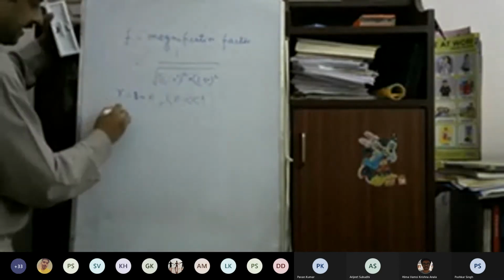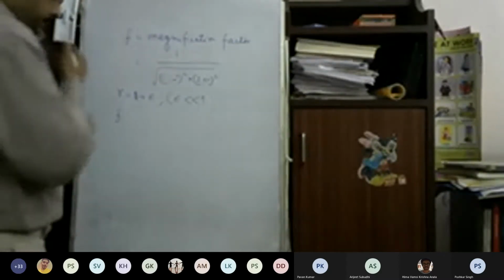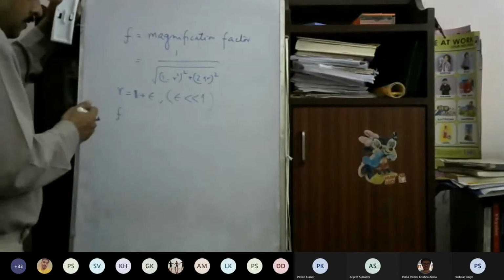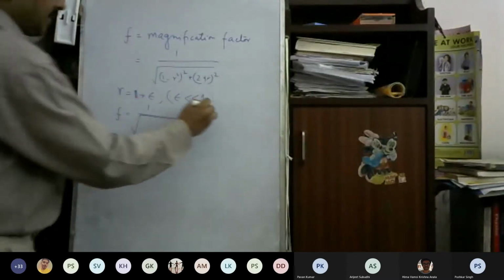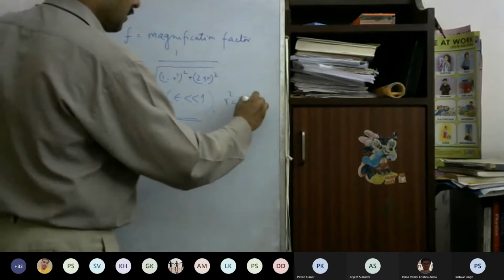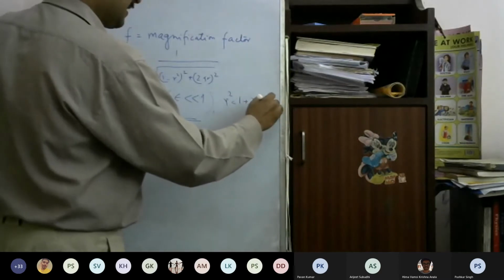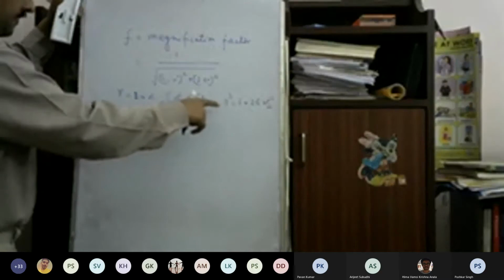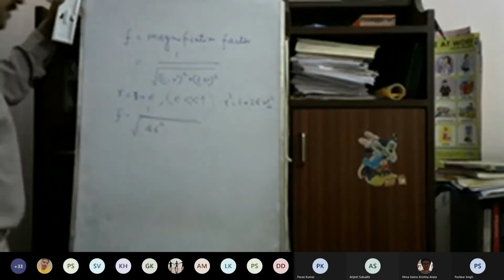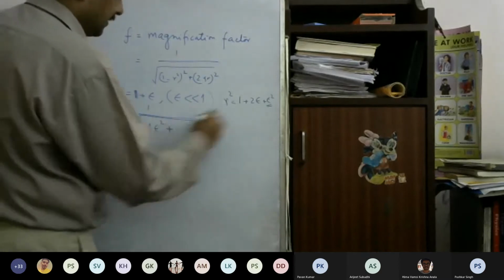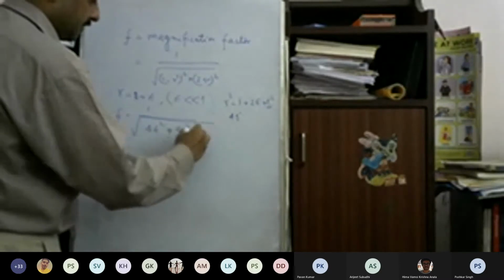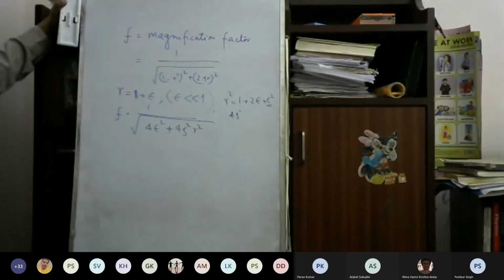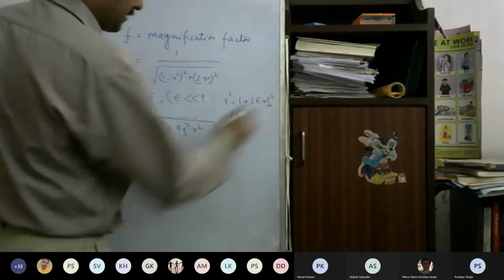Now you can find F square. F will be equal to 1 divided by under root of 1 minus r square squared plus the other term. You see that r square will be equal to 1 plus twice epsilon plus epsilon square. I neglect epsilon square, so 1 minus r square becomes minus 2 epsilon, and its square is 4 epsilon square. Similarly, the other term will be 4 zeta square r square, and again you put r square equal to 1 plus 2 epsilon plus epsilon square.